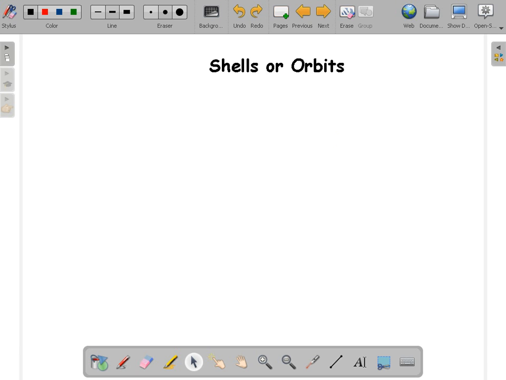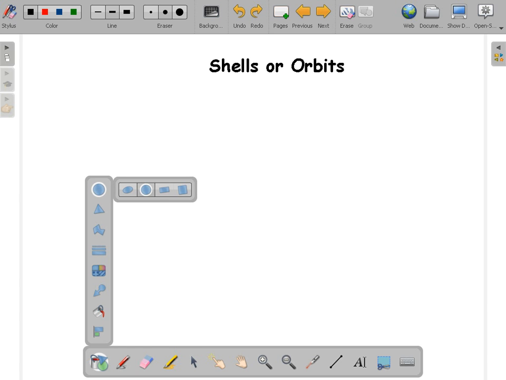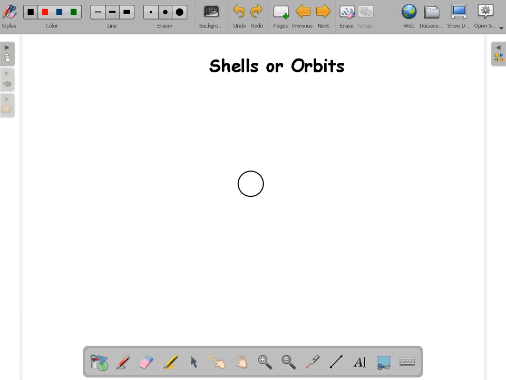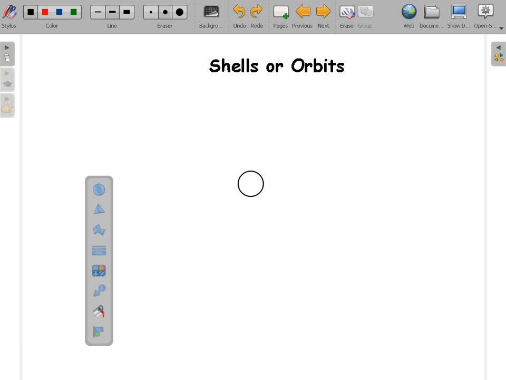Shells, or what we call orbits, are found around the nucleus of an atom. So if we draw our nucleus again here, the nucleus compared to the actual size of the shells is really tiny. So this is our nucleus, which I am going to put a color in so it's easier to distinguish.